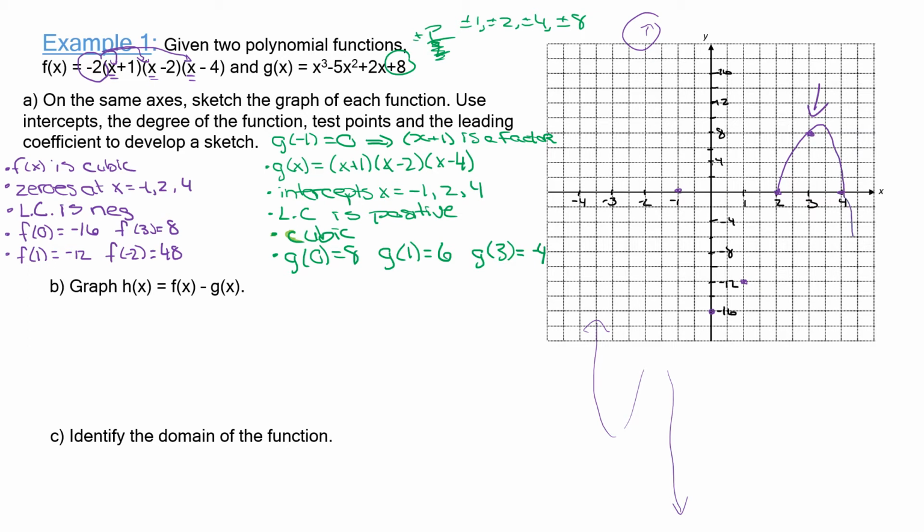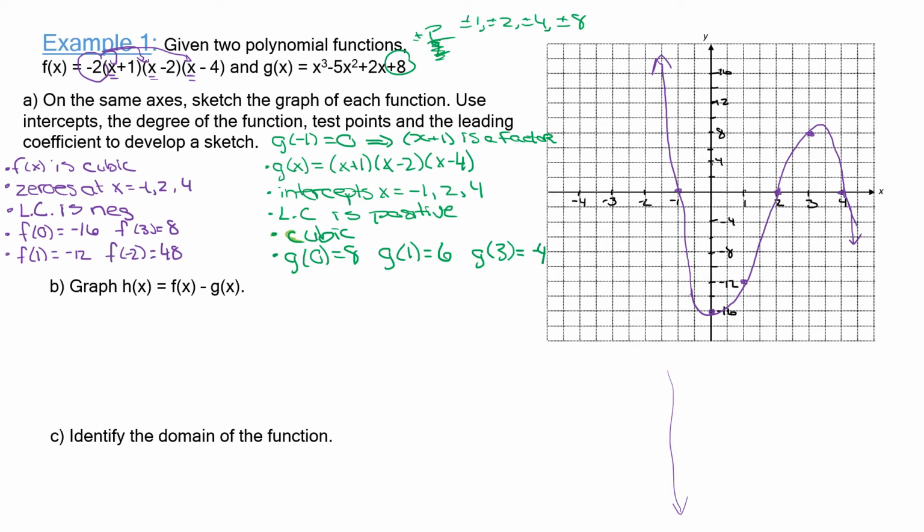It looks like it probably should be, and that's supposed to be straight through there. These are all straight through x-intercepts. They don't bounce or anything. And then continue up here, and then obviously I'm going way up like that, but I'll just put an arrow. So there's my purple one, which is f at x.